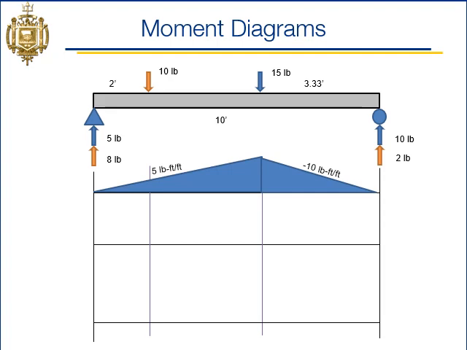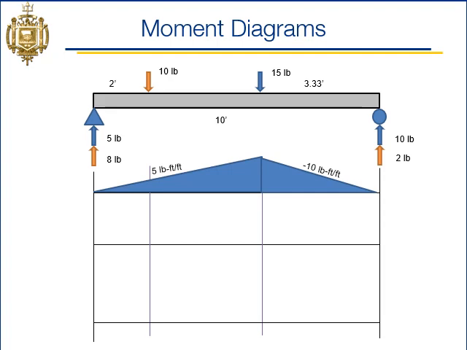And those are just the magnitudes from our shear diagram. If you go look two slides back, the magnitude of the blue shear diagram is 5 on the left of the load and 10 on the right. So that's how we derived those slopes.